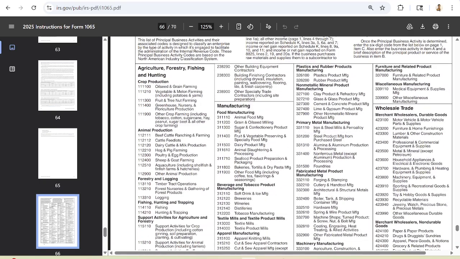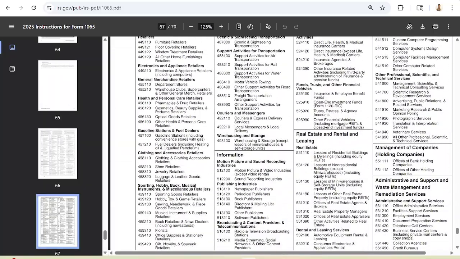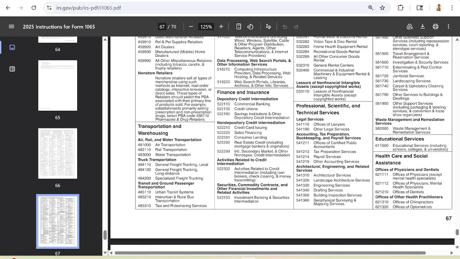So if you are, let's say, a tax preparer, then you go under service and look for, you might probably find it under accounting, and you will find 541213 under tax preparation services under accounting. So professional, scientific, and technical services.